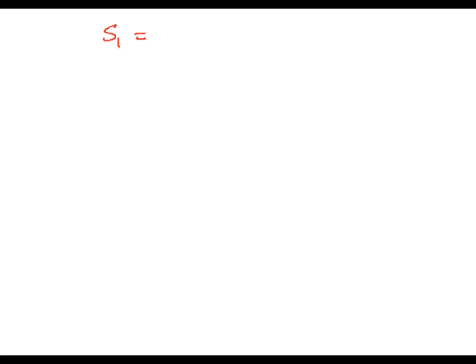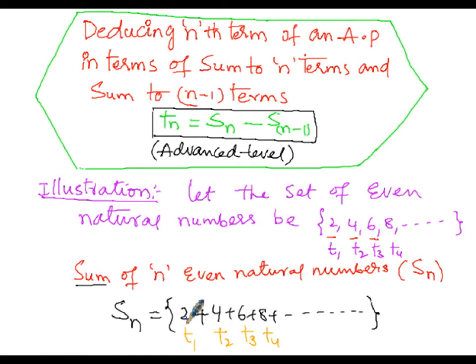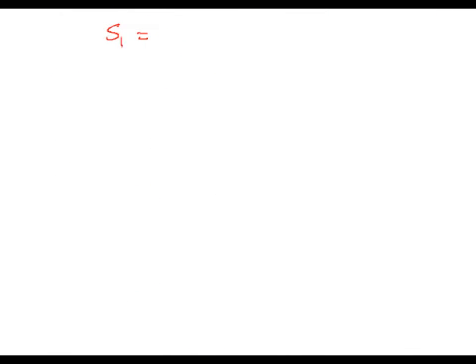As per the sequence, the first term is only 2, so the sum of the first terms will be only 2. Then now the sum of two numbers, S2, indicates the sum of two even natural numbers.